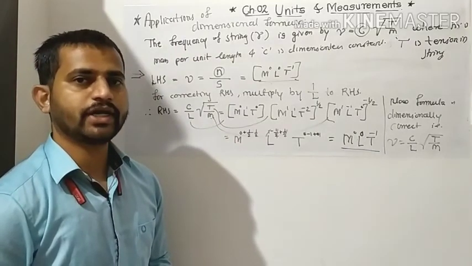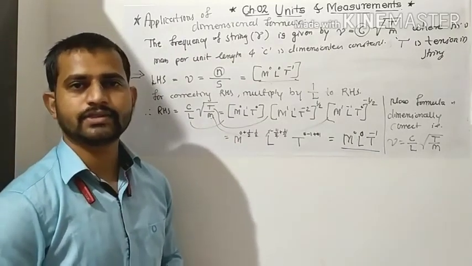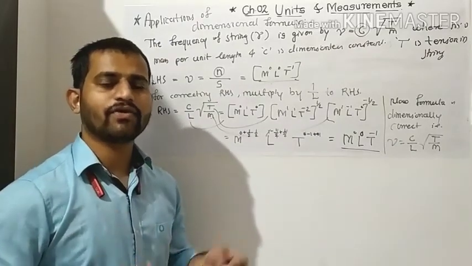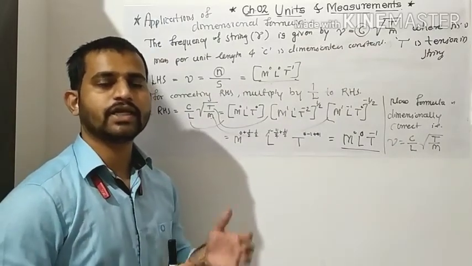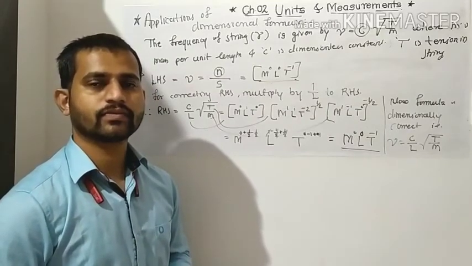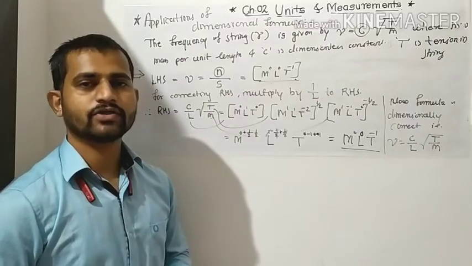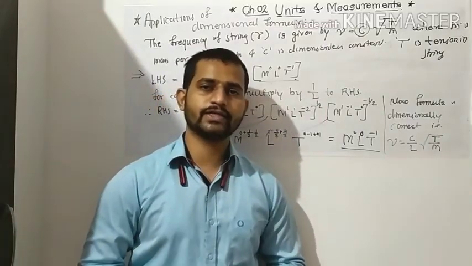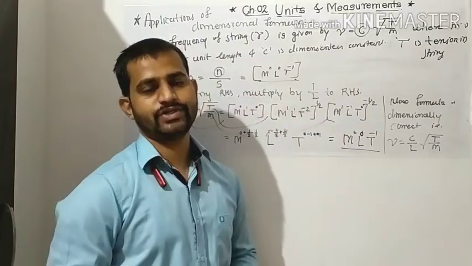Okay, we have checked this by using the dimensional analysis, by using the dimensional formula. So like this, we can go for finding the correctness of any formula, whether it is the correct one or not. We have seen the formulas of the energy, that the kinetic energy is equal to the potential energy, 1/2 mv square is equal to mgh.